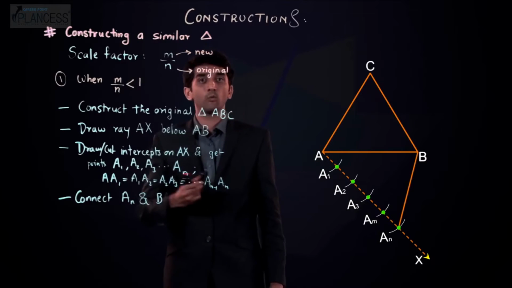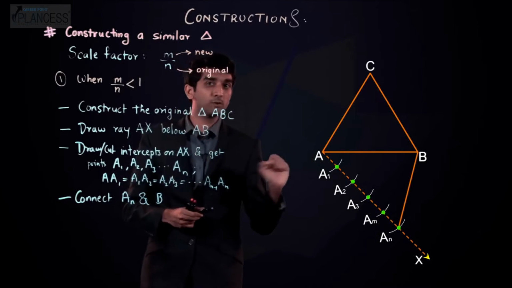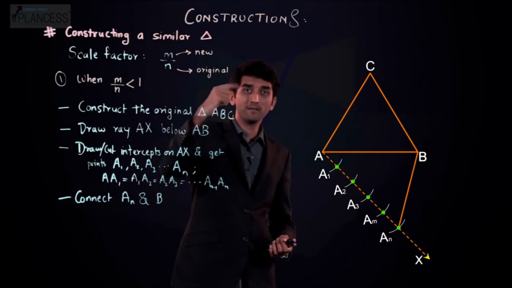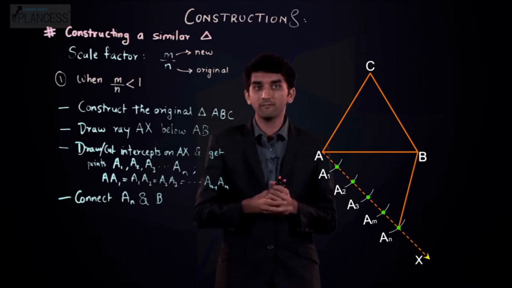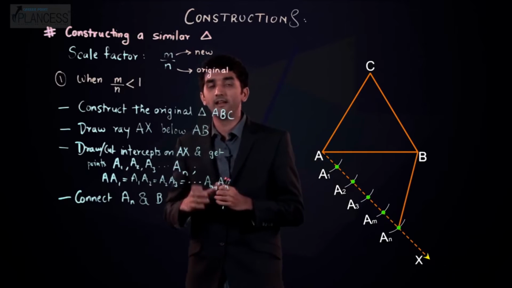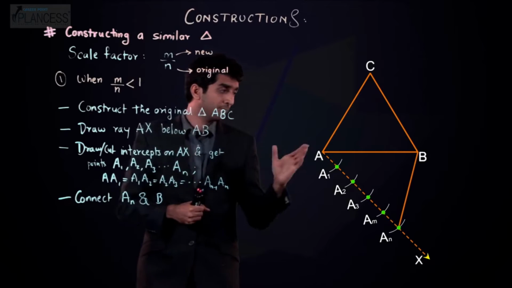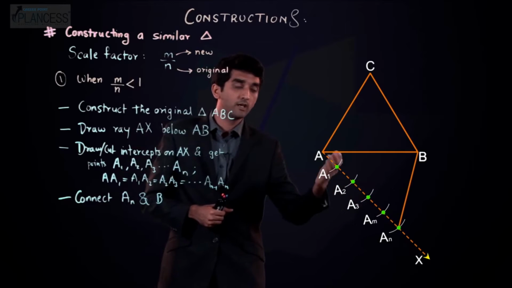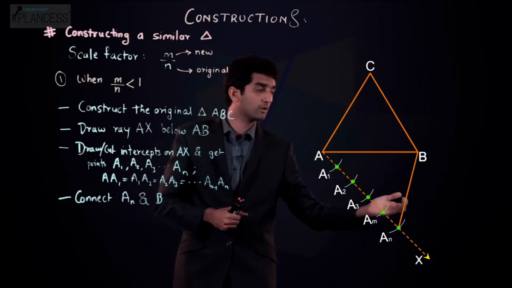After this is done, what we have to do is find out point AM, right? Now we already know that M is lesser than N because the scale factor is less than 1. M has to be necessarily less than N. Now once that is known, what we have to do is find out AM. AM will be somewhere in between of these intercepts starting from A1 to AN.